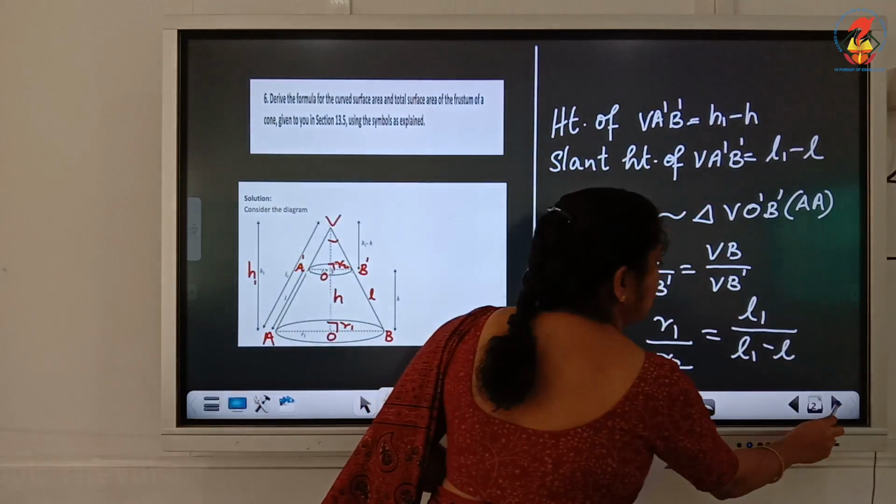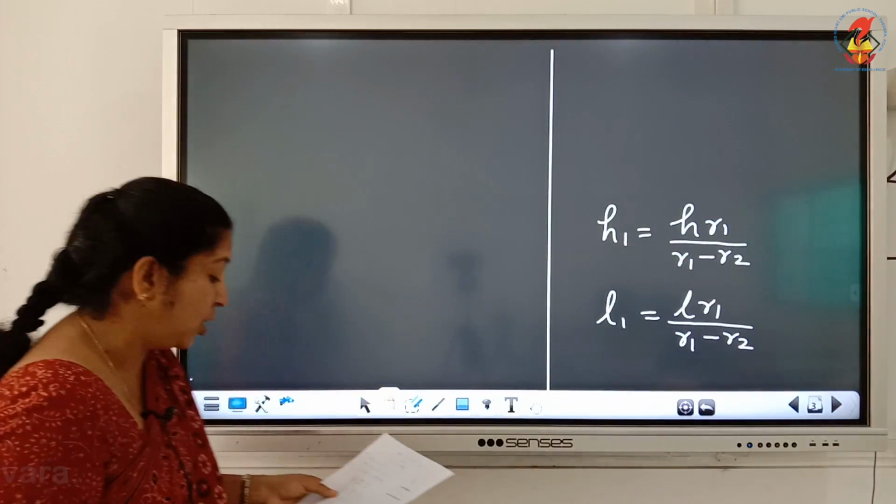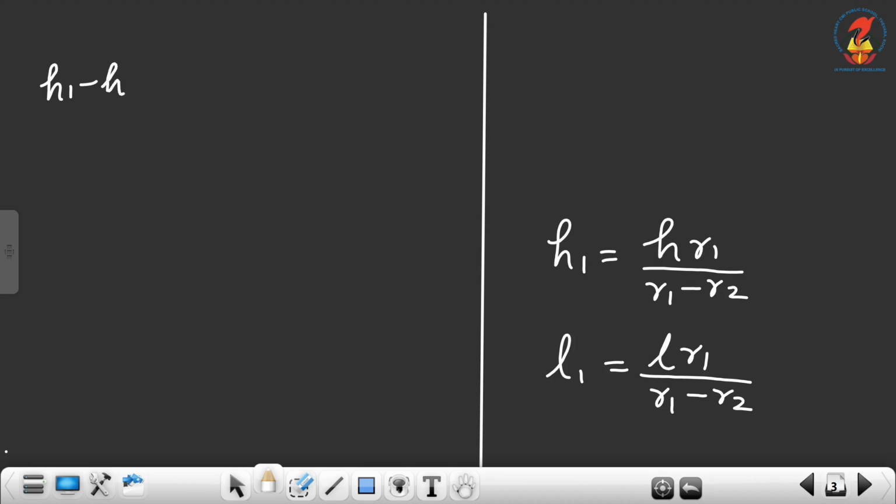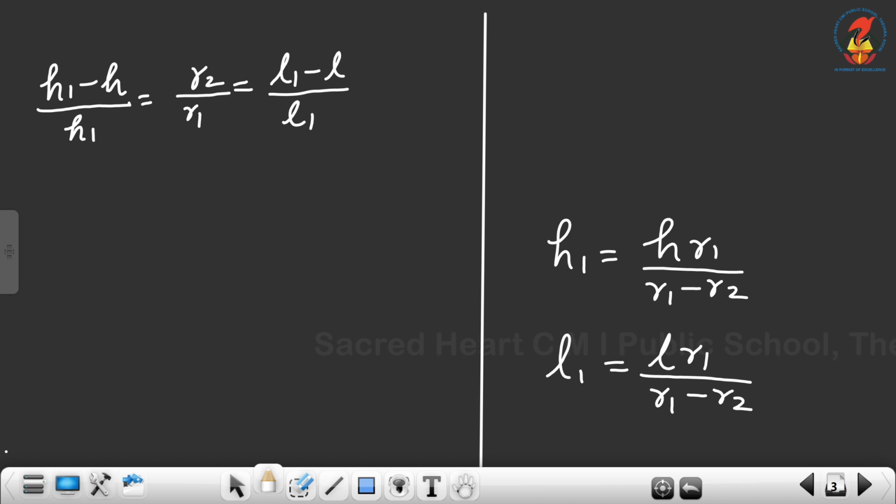Then I am going to take the reciprocal of this. When we take the reciprocal, we get H1 minus H divided by H1 is equal to R2 by R1 is equal to L1 minus L divided by L1.